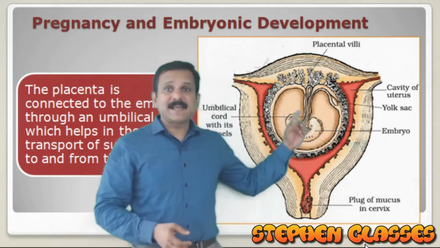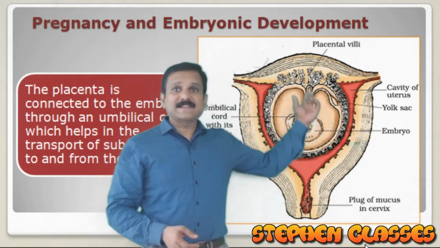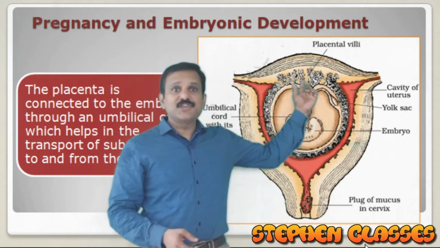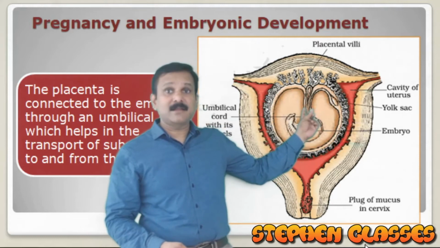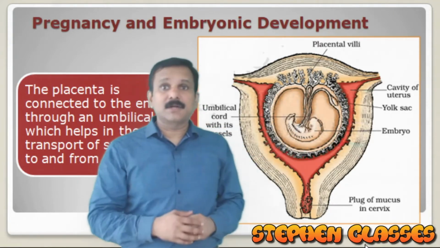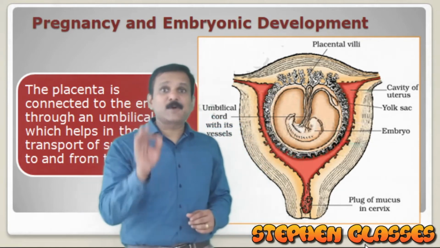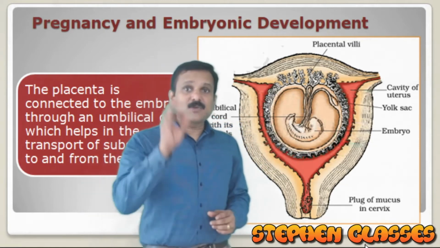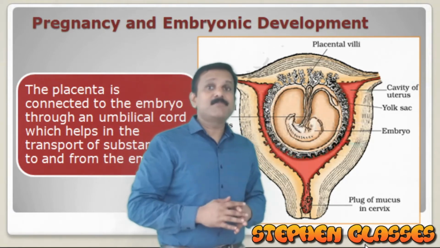This diagram explains how the developing embryo is getting connected with the uterus. You can see an umbilical cord here. This umbilical cord is the structure which helps in the transport of substances to and from the embryo.